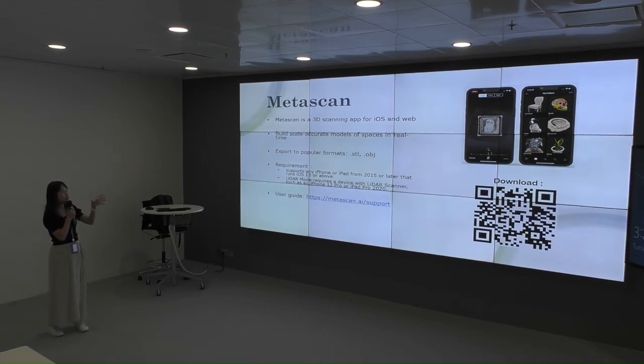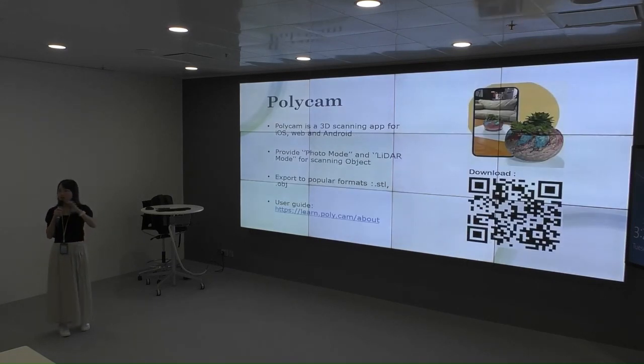Actually, the result is quite accurate with the 3D model, and it can export the file format to .stl and .obj. If you remember, our 3D printer also uses these two file types to do the 3D printing. So if you can export the file to .stl and .obj, that means you can do the scanning and then print it out with our 3D printer.